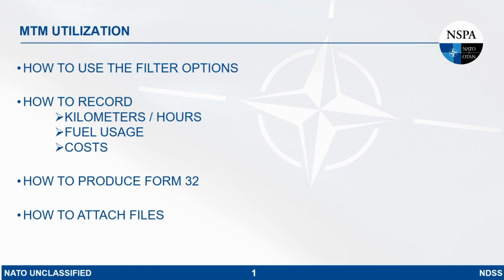I showed you how to record the fuel usage, how to record costs, the different type of costs, civilian or military costs, how to produce or print Form 32, and how to attach files, for example, which are related to an invoice, a PO number, etc. So this is how to record utilization in MTM.